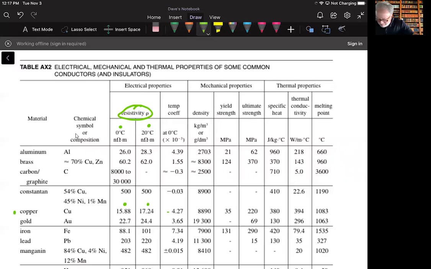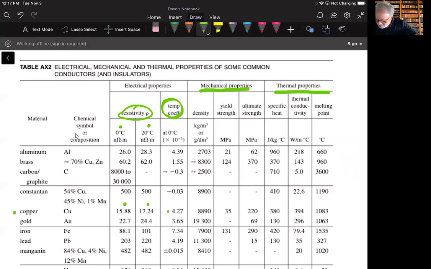And we can see that those values are given. And so that table would have to be given to you. Those values would have to be given to you. And we'll also reference this later on for some other things in terms of mechanical properties and thermal properties.